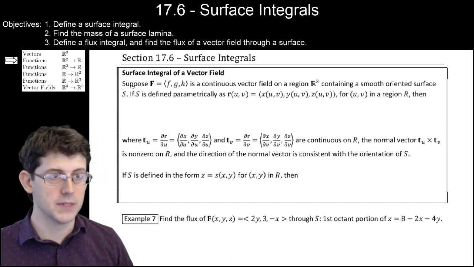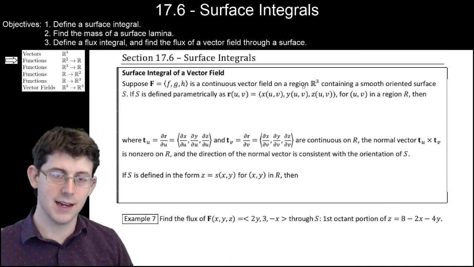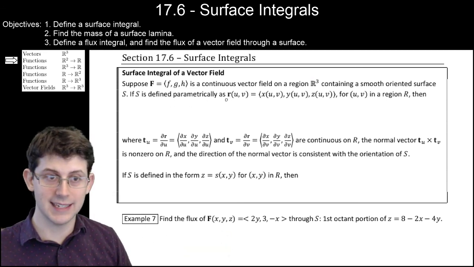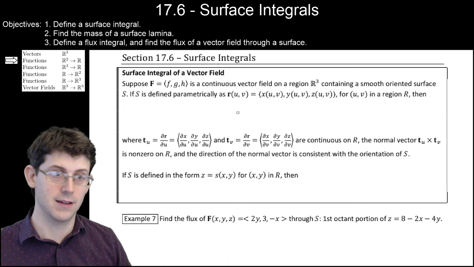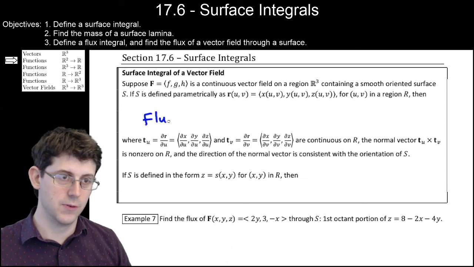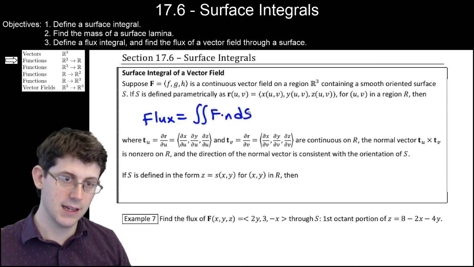So suppose you have a continuous vector field on a region, and you've got a smooth surface S in the region, and the smooth surface S has a parameterization. Then the flux through the surface is the integral of f dot n dS.